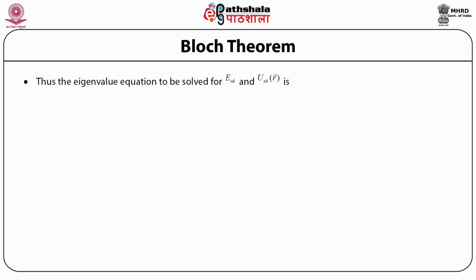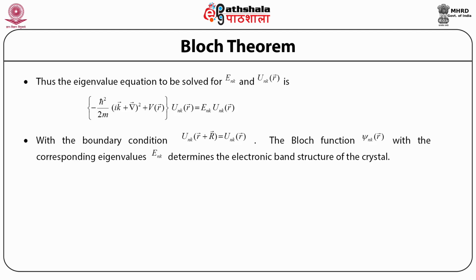Thus the eigenvalue equation to be solved for E_nk and u_nk simplifies, and the final equation becomes minus h-bar squared by 2m (ik + del) whole squared plus V(r), acting on the wave function u_nk(r), equal to the eigenvalue E_nk times u_nk(r). Essentially, the original term h-bar squared by 2m del squared is replaced by minus h-bar squared by 2m (ik + del) whole squared. That is the change when you get the final eigenvalue equation for the motion of an electron in a periodic lattice, with the boundary condition that u_nk(r + R) = u_nk(r).